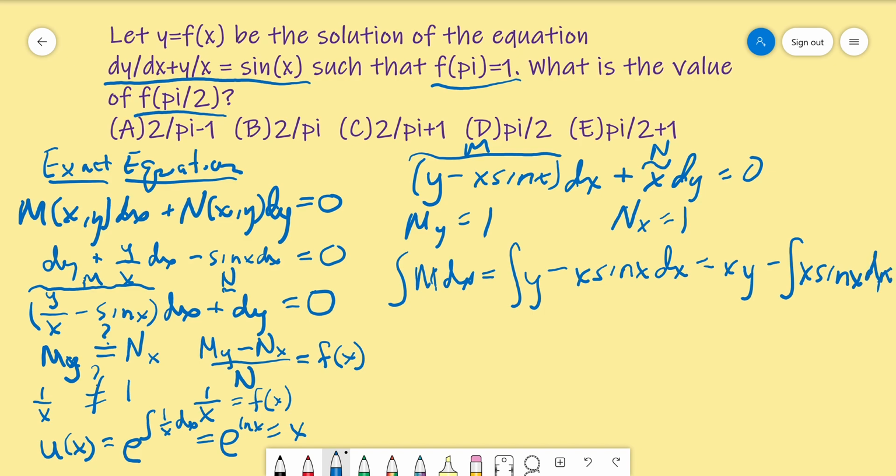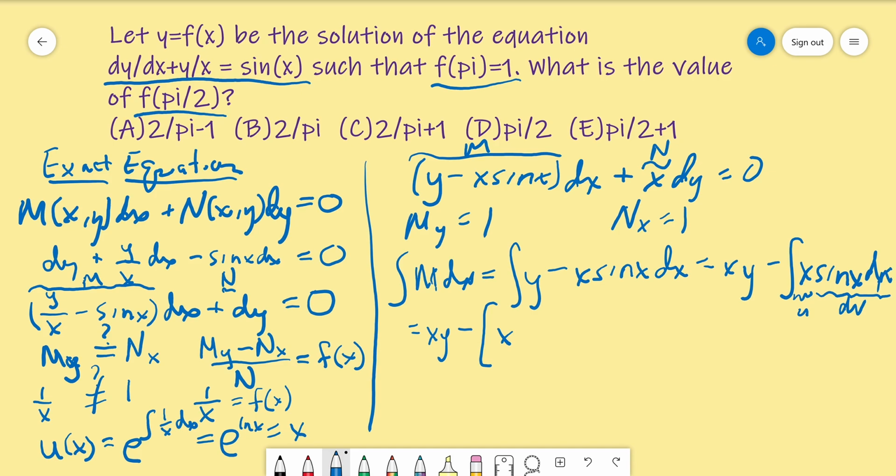Well, what's the integral of x sine x dx? So we're going to have to do integration by parts. And let's say that this part here is u, and this part here is dv. So that's going to give us xy minus, now remember for integration by parts, the integral of u dv is going to be uv. So x times the integral of dv.